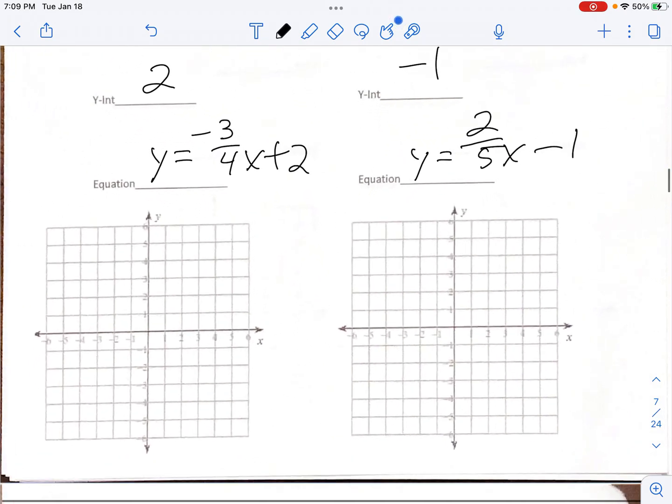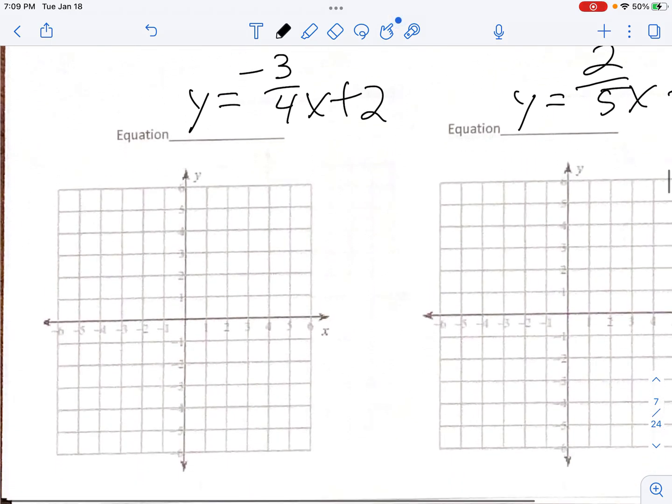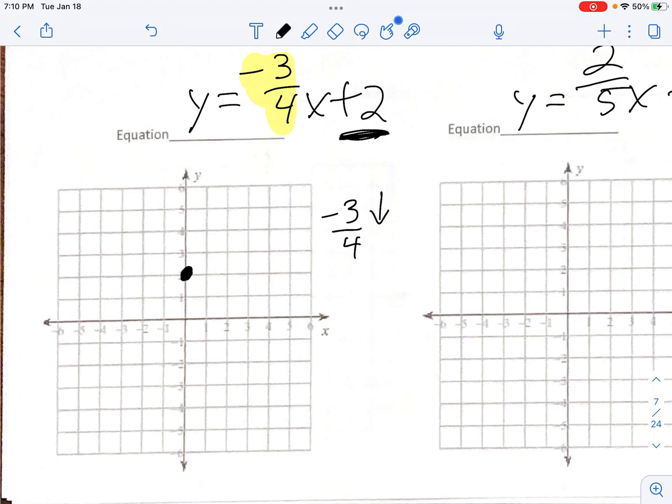Now, graphing both of them. You've seen me throughout this video graph the equations. Just want to make sure that we understand it. You plot the y-intercept first at +2 on the y-axis because it's called the y-intercept. Then you're just going to use the slope, which is right here, to plot 2 other points. Okay? -3 over 4 would be down 3 and right 4.